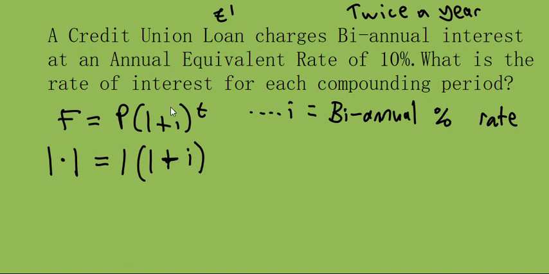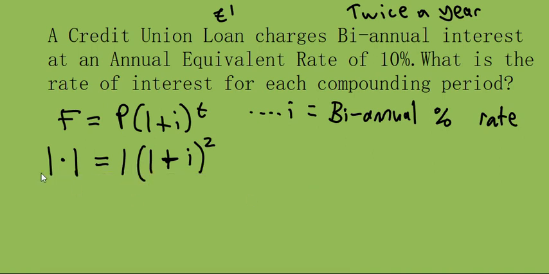Well, if the interest is twice a year, and overall the equivalent is 10% over the whole year, how many twice-a-years are there in 1 year? Obviously, there are 2 twice-a-years in 1 year. So I've invested at the biannual rate for 2 periods. How do we get rid of the 2?